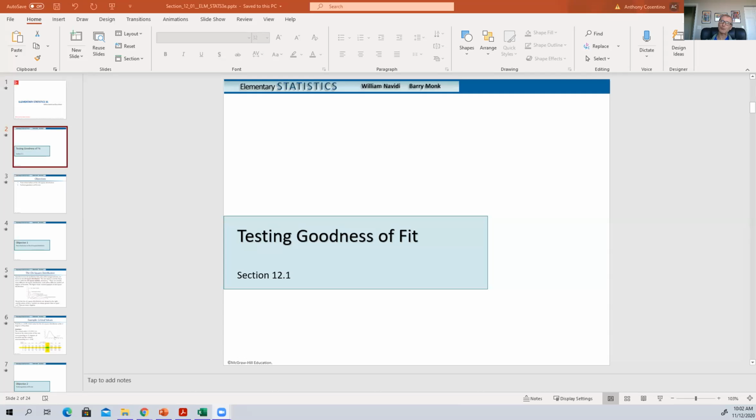There are three different types of tests that we were going to do, and the first one is called the goodness of fit test. These tests are predicated on the chi-square distribution that I mentioned previously. So we're going to review that distribution and then walk through the goodness of fit test.